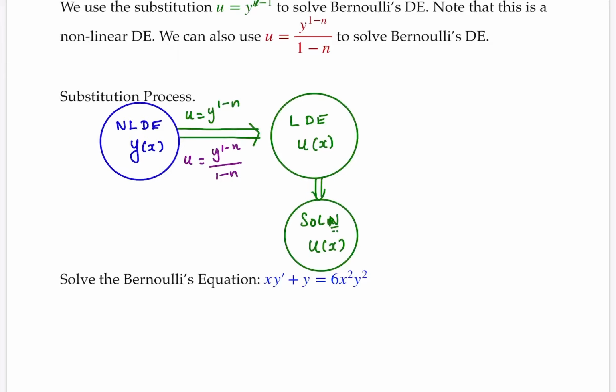When we do the resubstitution, again the same thing that we did before, we convert this u in terms of y. Then we have a solution y of x, and that is the solution to this original differential equation.